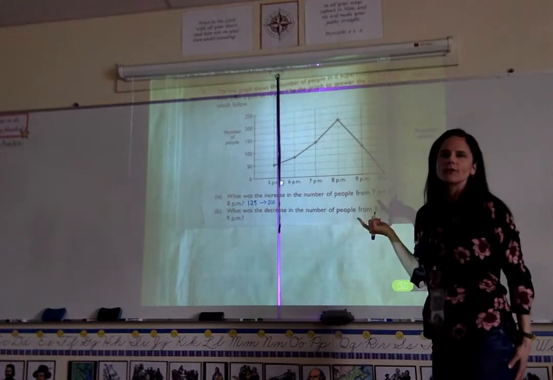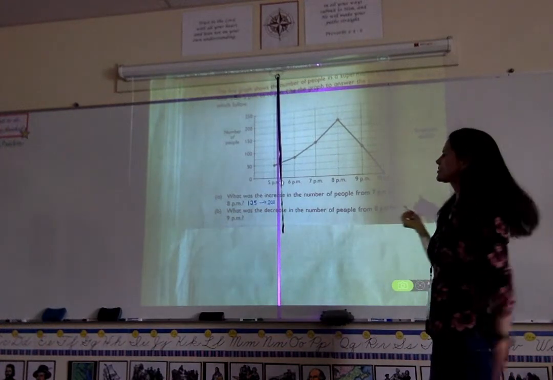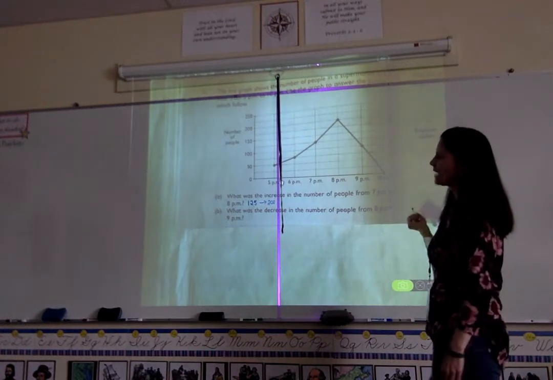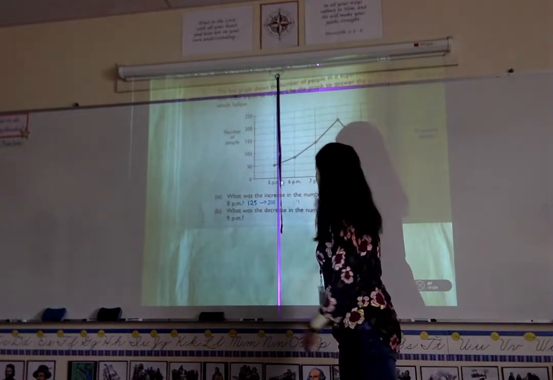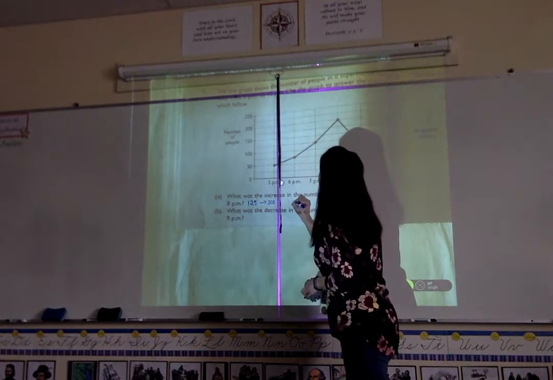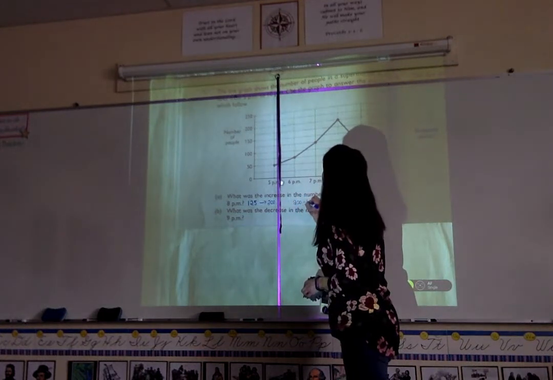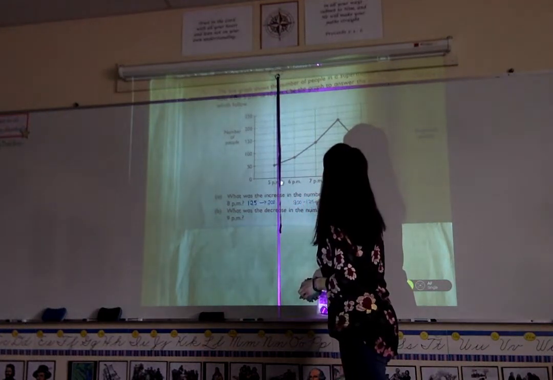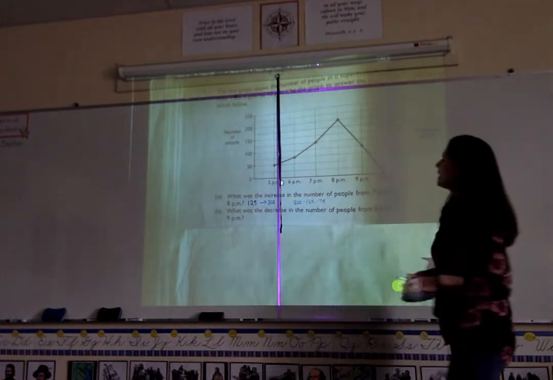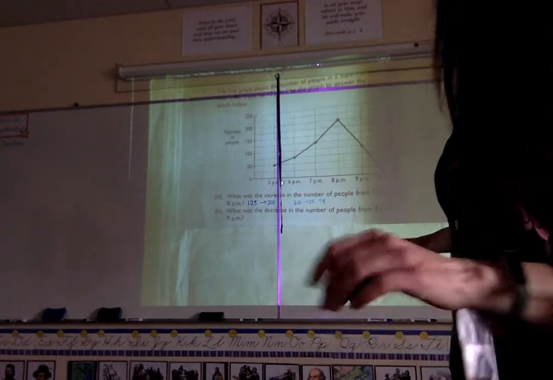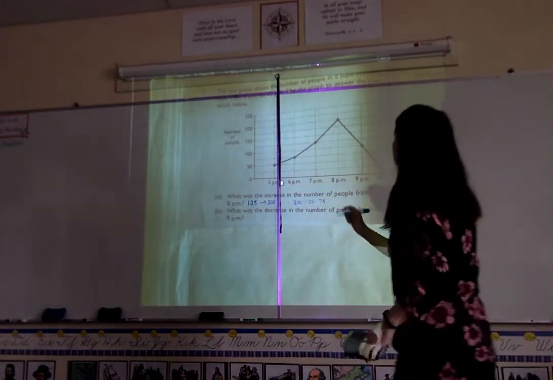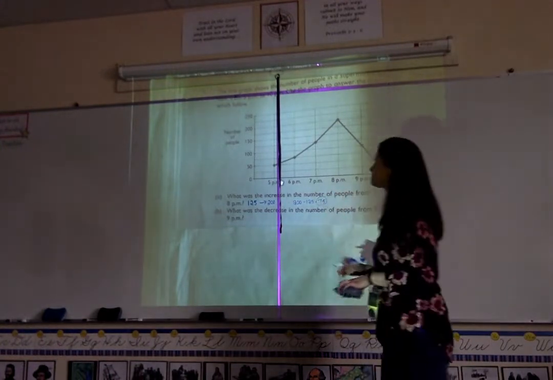To find out the increase, all we do is subtract 125 from 200. That's mental math, you can do that mentally. And you know that there was an increase of 75 people from 7 to 8 p.m. So that would be my answer for A.